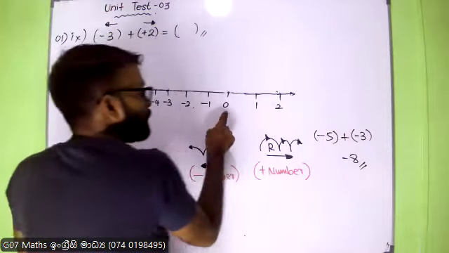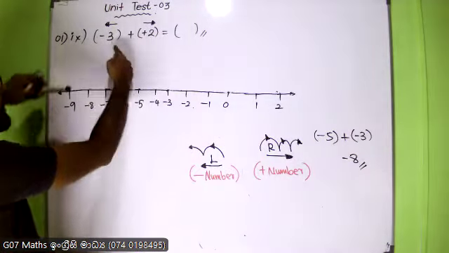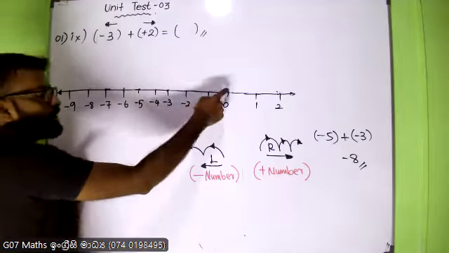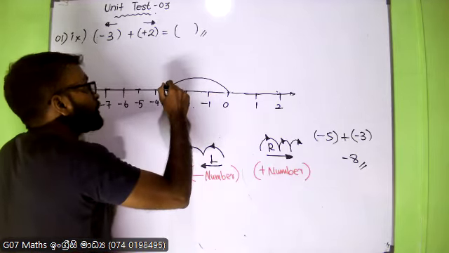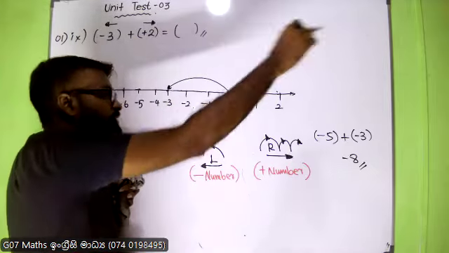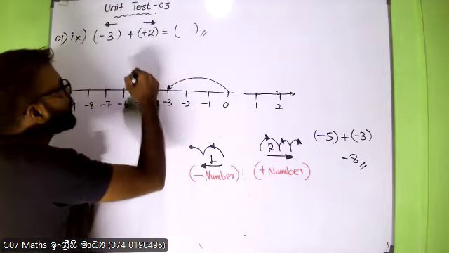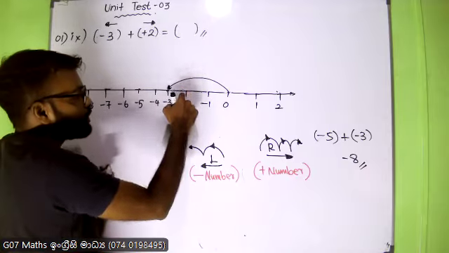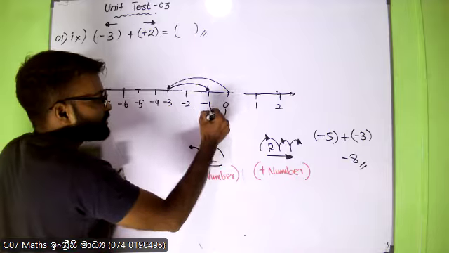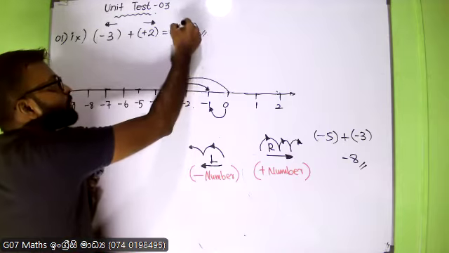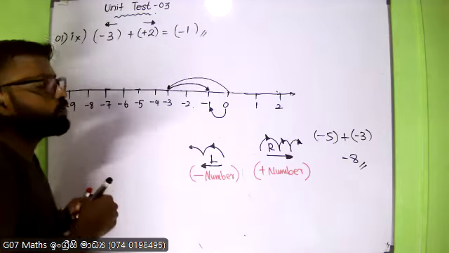I am at the point B. To my negative side, left hand side, I have to jump 3 times. 1, 2, 3. Then again, to my right hand side, from this point, I have to jump 2 times. 1, 2. So my answer is negative 1.